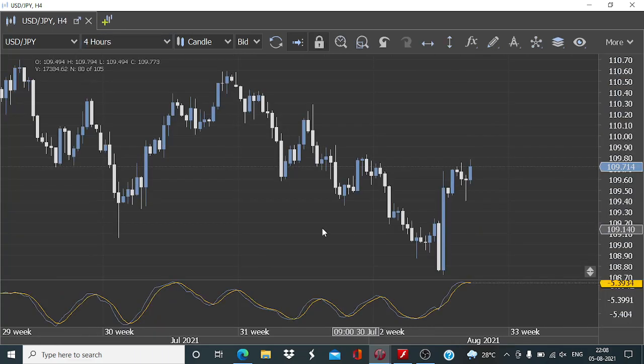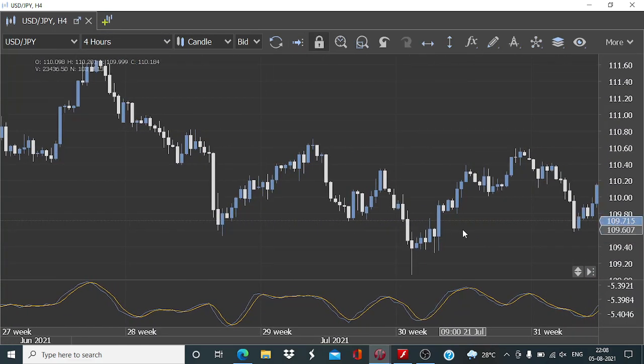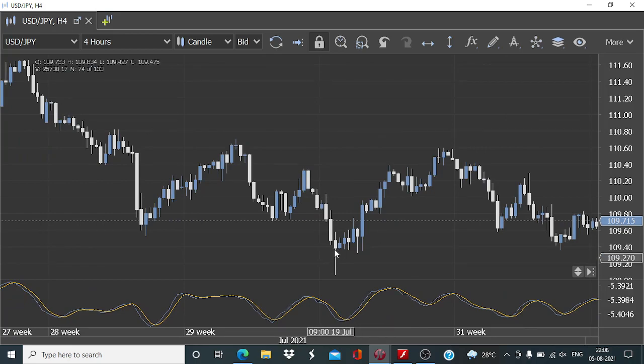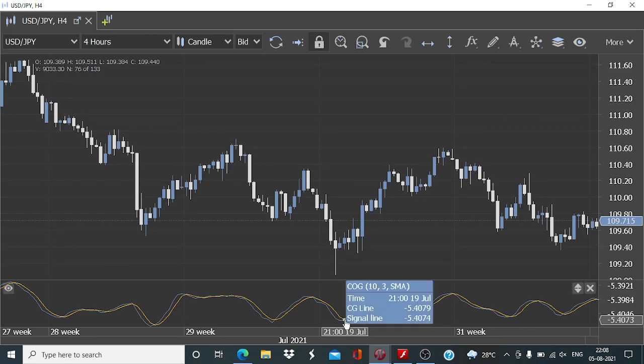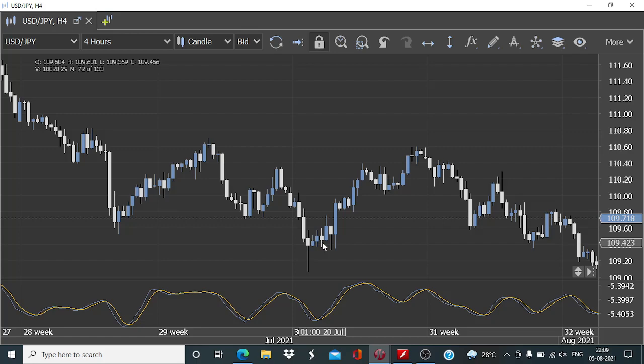So whenever we had the formation of a new crossover where the signal line crossed above the center of gravity line from below, that would have been the time to get involved in a new trade.